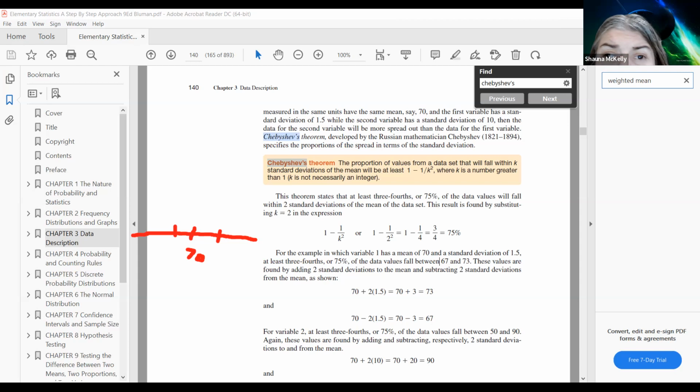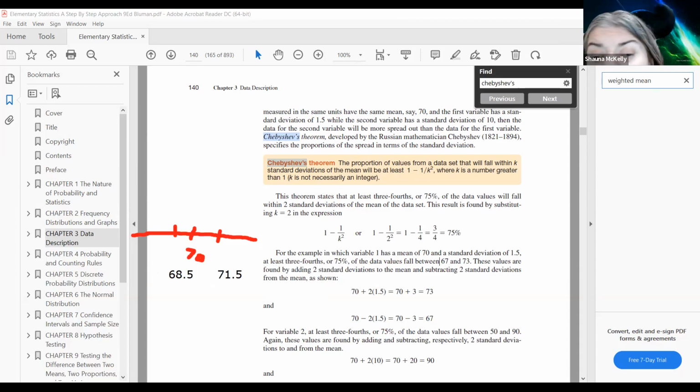And those values are 70 minus 1.5, which is 68.5 on this side, and my other side is 71.5.